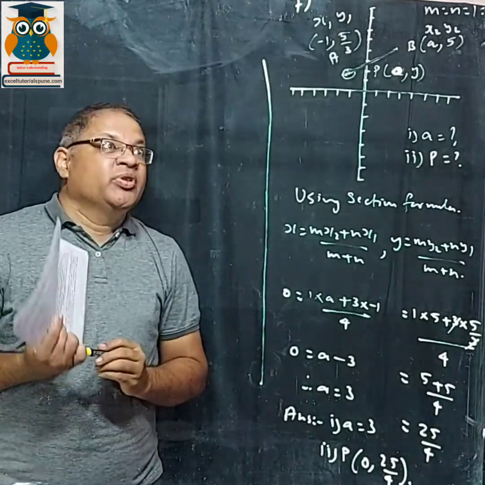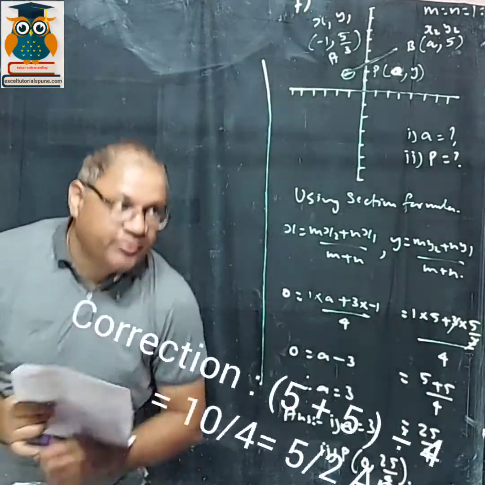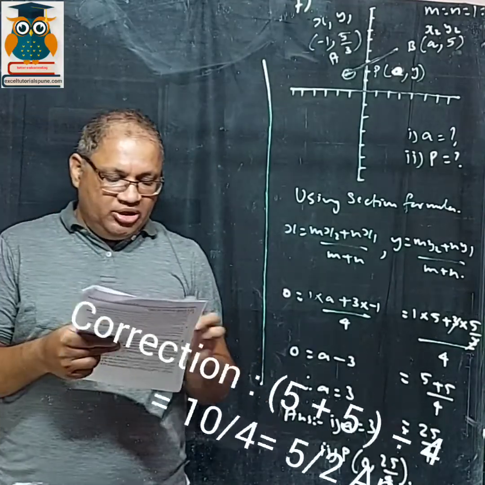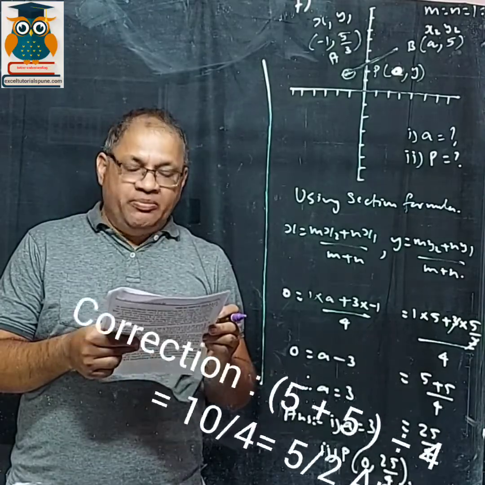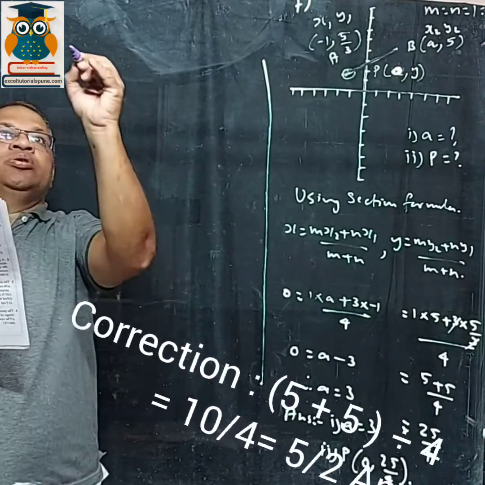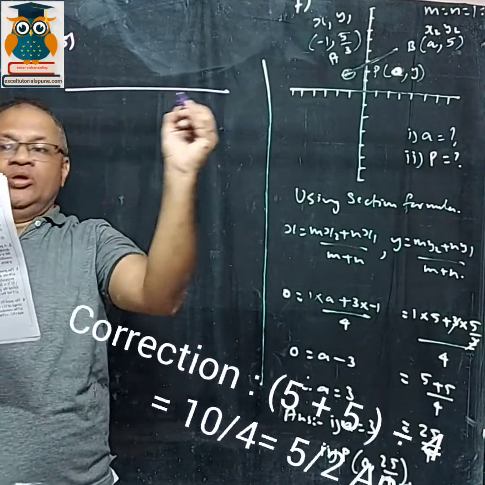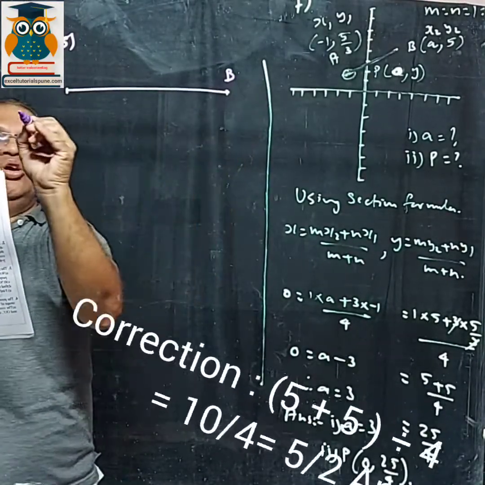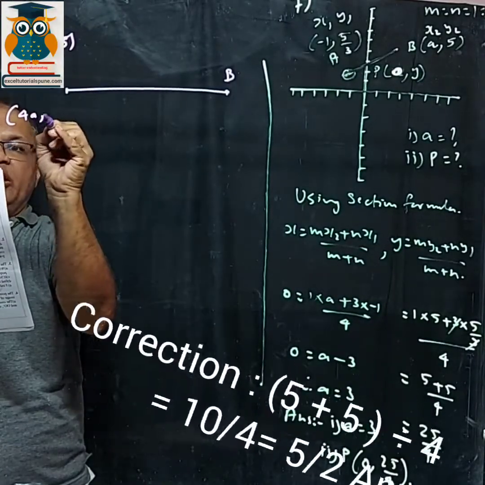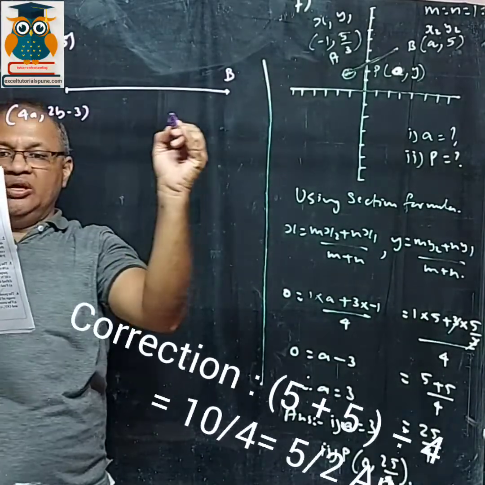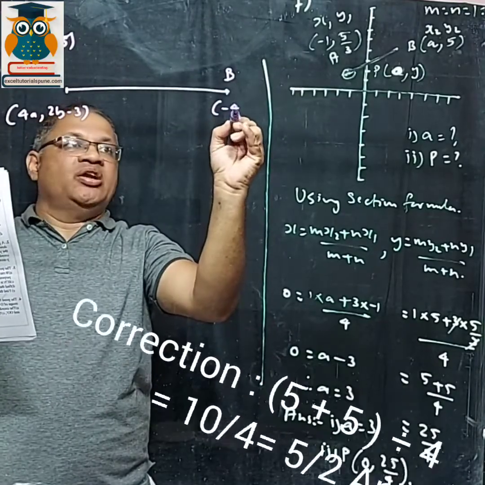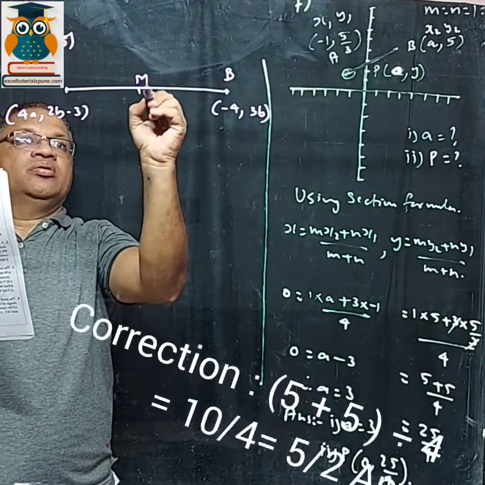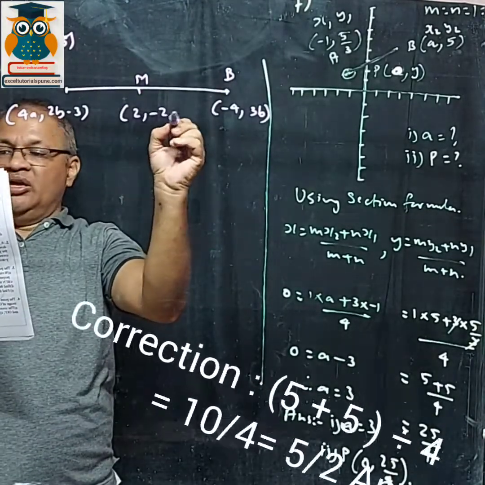Now we go on to the 8th sum. Alright. So the 8th sum. The midpoint of the line segment joining the two coordinates are given, and they have given the midpoint. Find the values of a and b. So this is A, this is B. The coordinates of A they have given 4a comma 2b minus 3 and B's coordinates minus 4 comma 3b, and the midpoint is given 2n minus 2a.